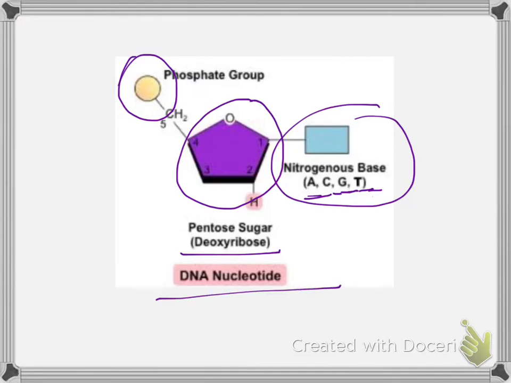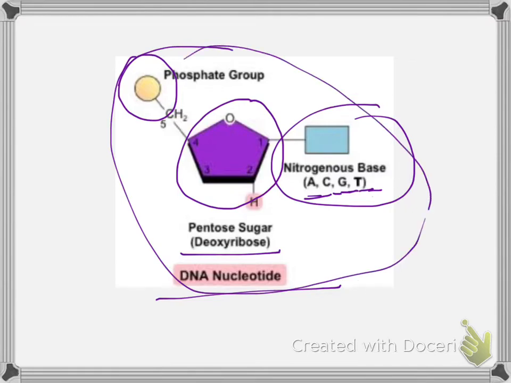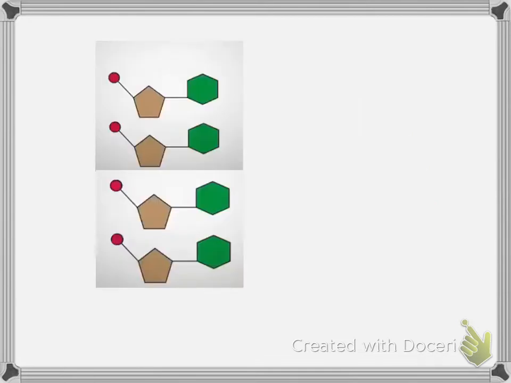Now DNA is a polymer of nucleotides. These monomeric units are linked together to form DNA. Let us see the structure. This is one nucleotide, second, third and fourth nucleotides.